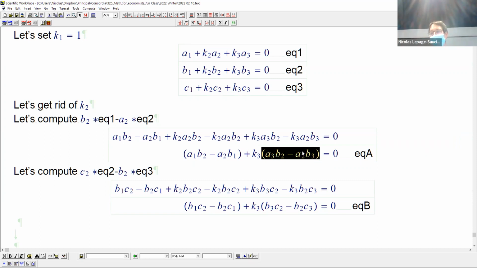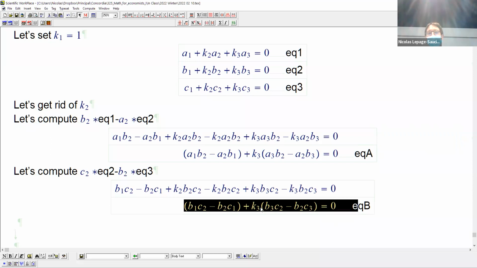Okay, so I'll just move along then. So I wanted to get rid of K1, then I got rid of K2. Then what am I left with? Well, I have K3 here, K3 here. So I need to use these two equations there to get rid of the last.